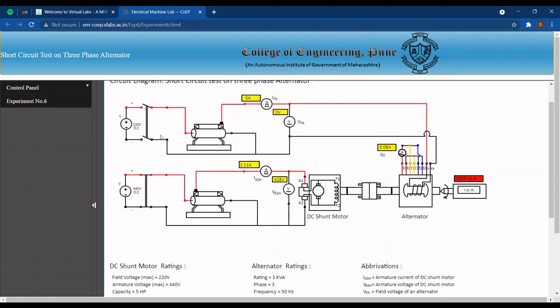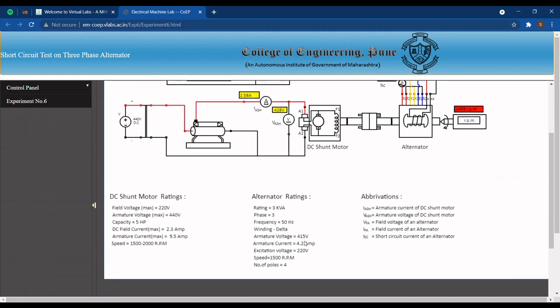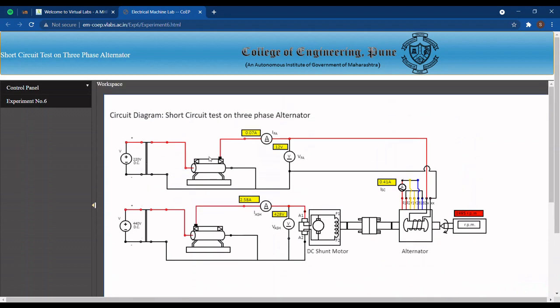Now close the DPST switch of the field excitation system and give supply to the field. Now gradually adjust the rheostat until the rated current of the alternator is circulated in the short circuited terminals. The rated current of this alternator is 4.2 ampere.